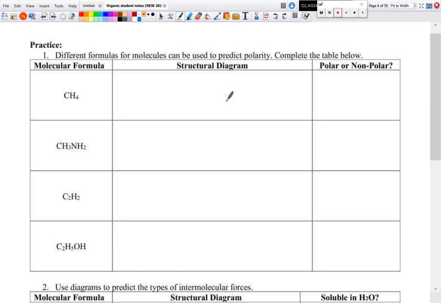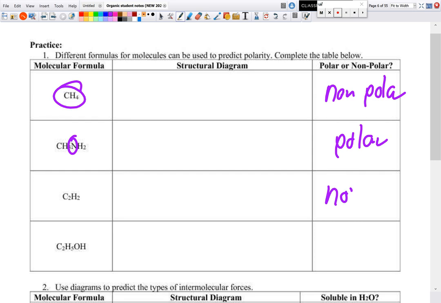Now, once again, drawing structural diagrams, notice just carbon and hydrogen, nonpolar. Carbon, hydrogen, another atom, polar. Carbon, hydrogen, nonpolar. And take a guess, see a different atom, polar, right?